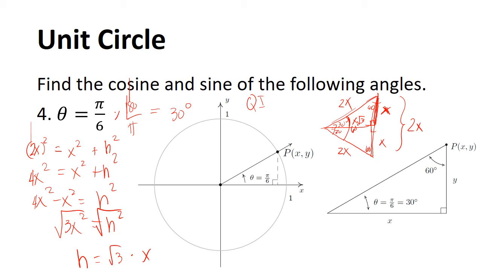So, yun po yung relationship nila. Kailangan mo lang, sa 30, 60, 90 degree angle, kailangan mo lang ng isang side. Malalaman mo na yung other two sides because of this relationship. Okay?